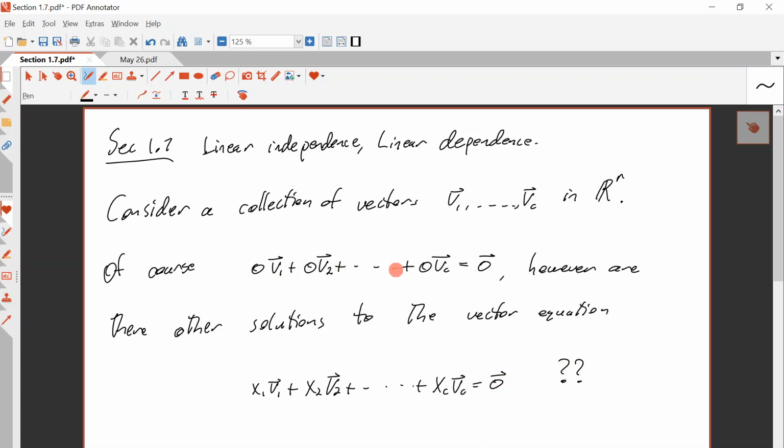So there's always just the 0 solution to this vector equation, or this homogeneous system of n linear equations and c unknowns. There's always the 0 solution. But are there other solutions, right?